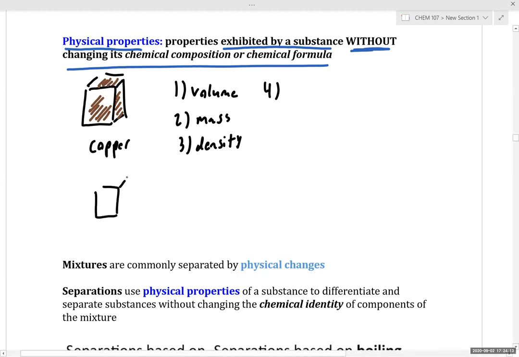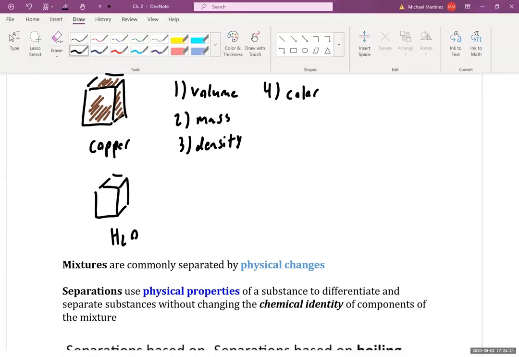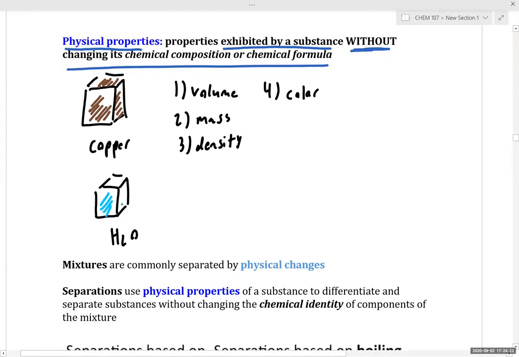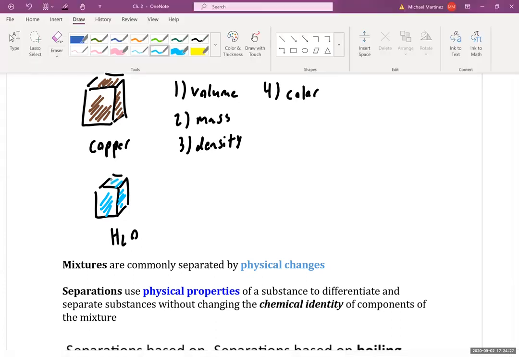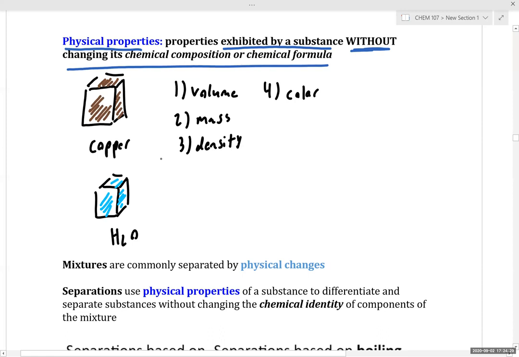Let's pretend we're looking also at a cube of water, an ice cube. We can observe the color. Yep, exactly right. And if we're looking at an ice cube, and we pick it up with our hands, what else can we observe about this copper block and this ice cube? Temperature, yep.